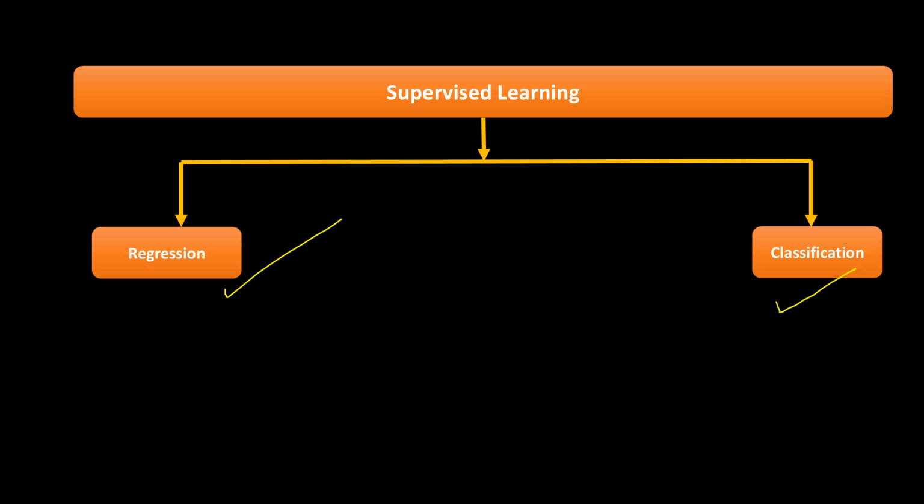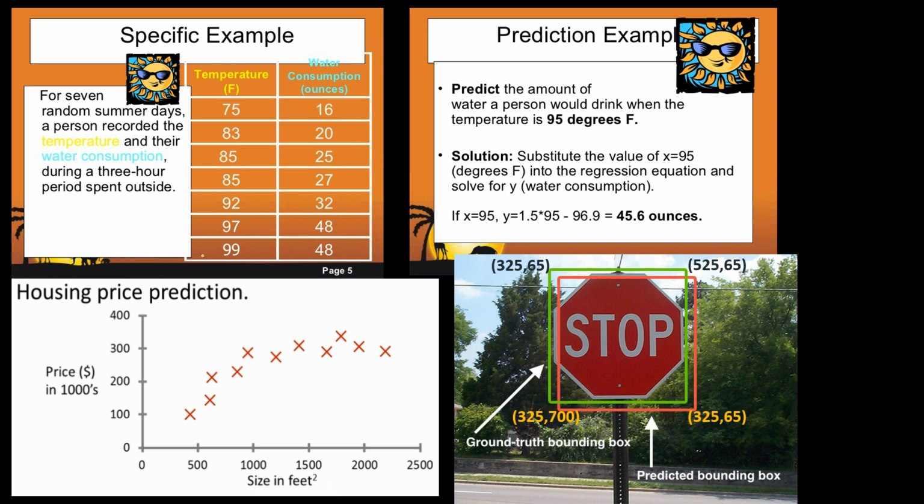Basically there are two problems in supervised learning: one is the regression problem and one is the classification problem. To refresh, a regression problem is one where we predict some real-number values, like predicting house prices, which will be some real number, how many thousands of dollars, or predicting the temperature, 75 degrees, or based on temperature how many ounces of water you want to consume, like 2 ounces, 3 ounces, 50 ounces.